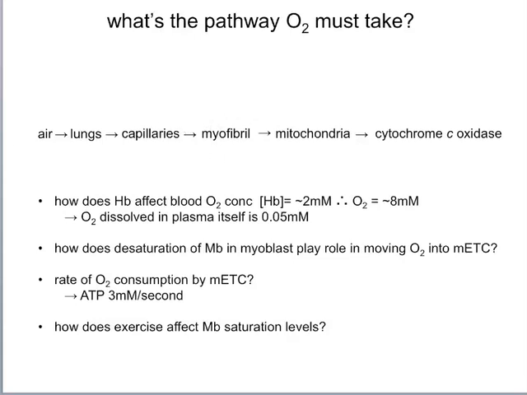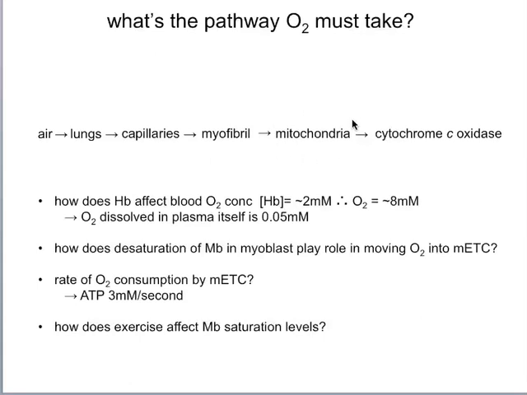So there's a couple of things happening there. There's oxygen going into the solution and going from the solution into the hemoglobin, which we'll discuss in detail in the next series of lectures. And then the hemoglobin's got to give it up, and it's got to diffuse into a cell. The oxygen has to go into the cell and then be taken up by the myoglobin. But the myoglobin has to give it up too.